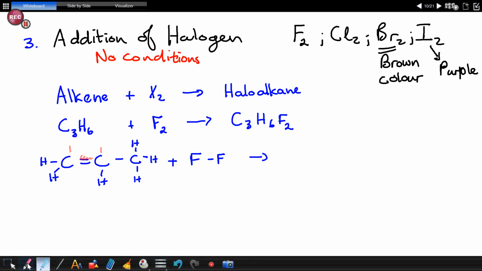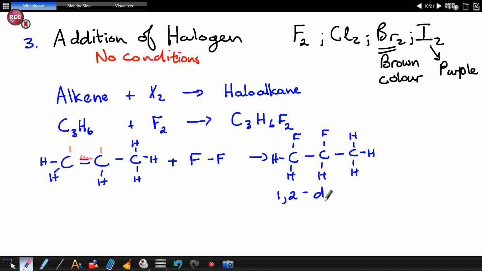So we will have 1,2-difluoropropane. Yes, it changes to a saturated carbon chain. So this is 1,2-difluoropropane.